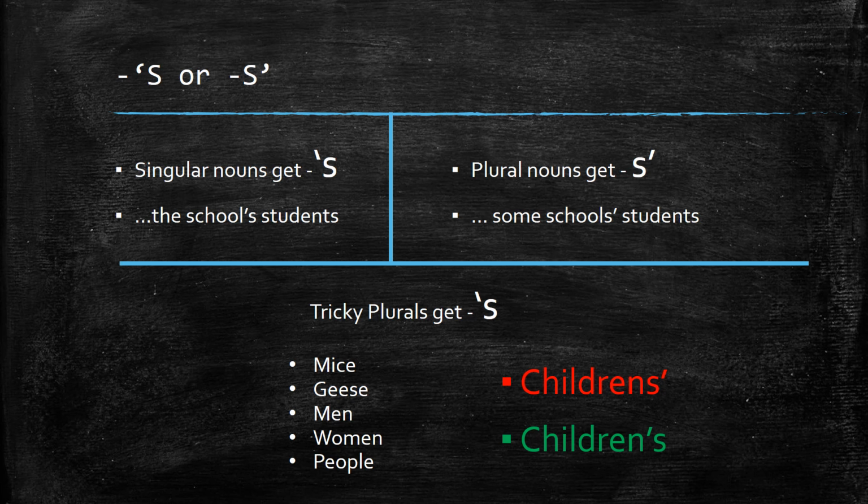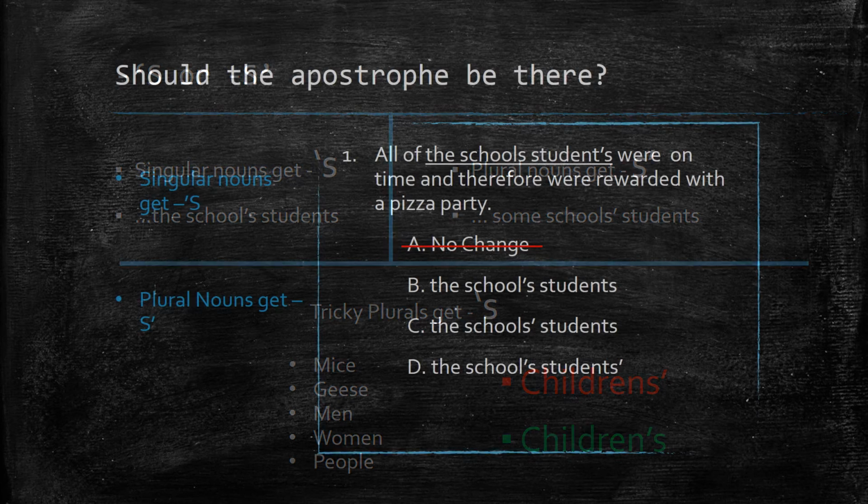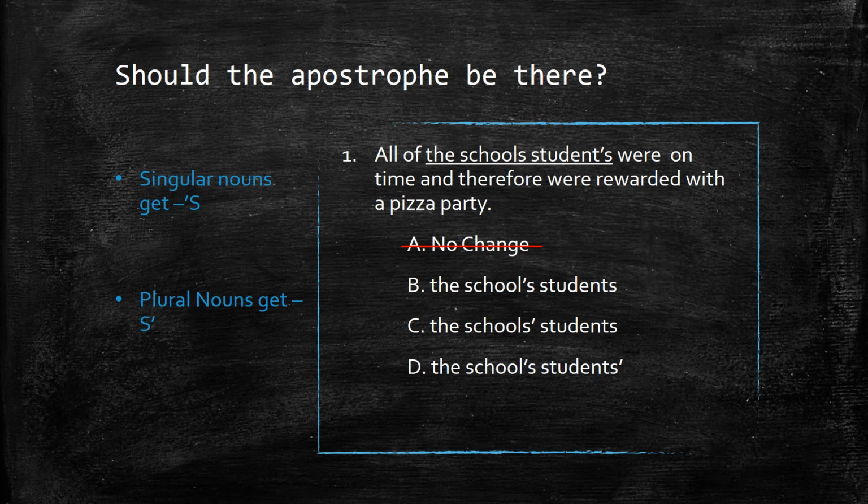So going back to our question here, now with what we already know, we can determine that C is going to be no good. It's the school, one school. And so I've got to get rid of C because I need an apostrophe S. Now with B and D, what's the difference? Well, we have in B no apostrophe on the word students, and in D we have the apostrophe there.